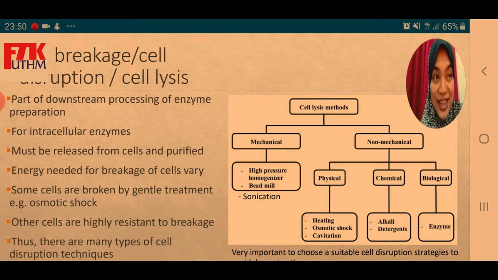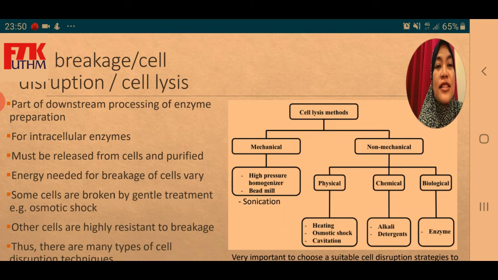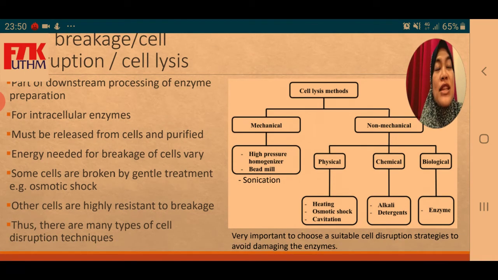Okay, so let's continue with our slide here. Some cells are sensitive to gentle treatment using osmotic shock, but the other cells are more resistant, so we need a more energy-intensive method, and they are very violent in terms of the method to disrupt the cells.